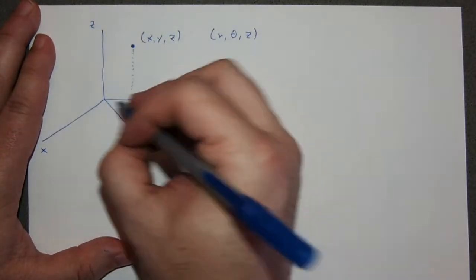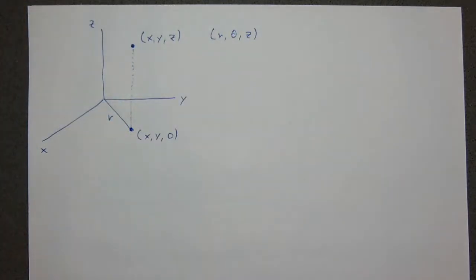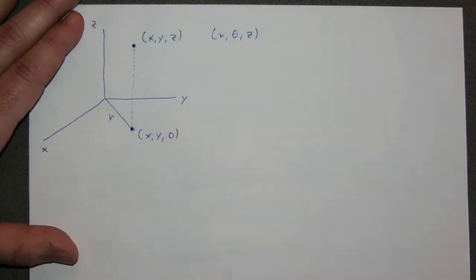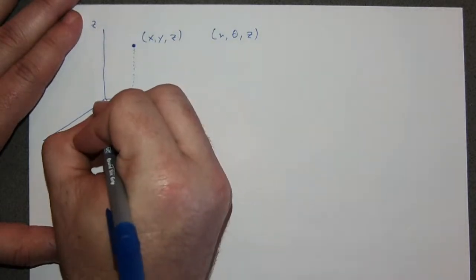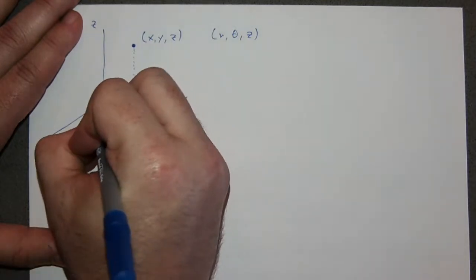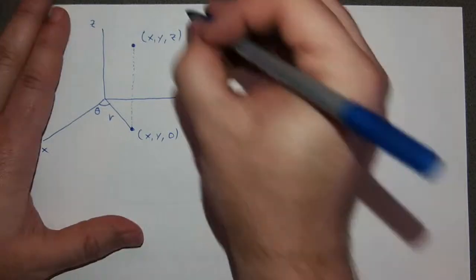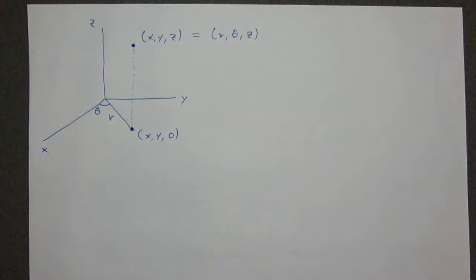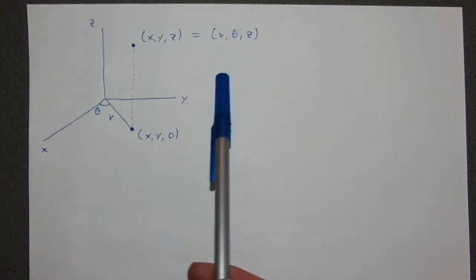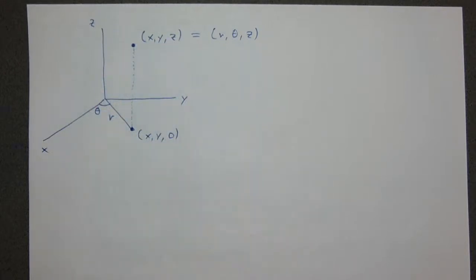That distance is r. This segment measures out an angle measured from the positive x-axis. That angle is theta. And so, to see the point x, y, z as r, theta, z, the height is exactly the same.